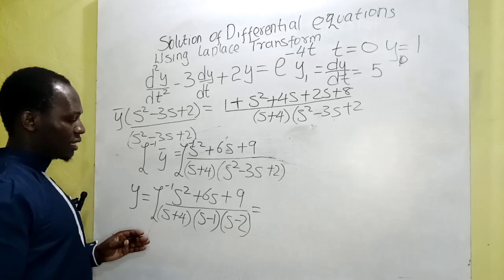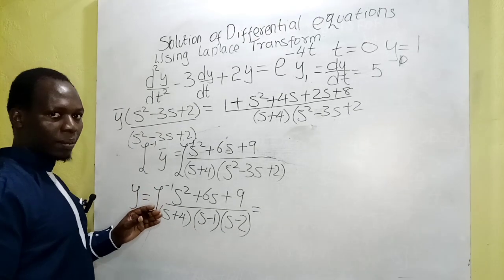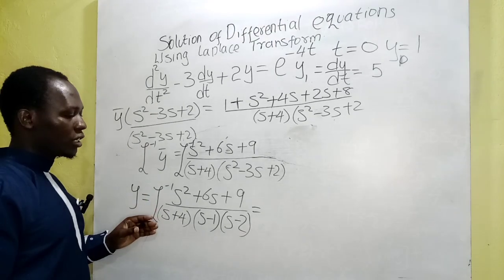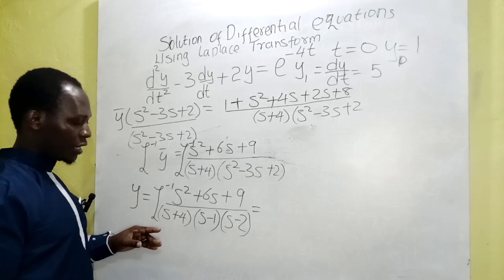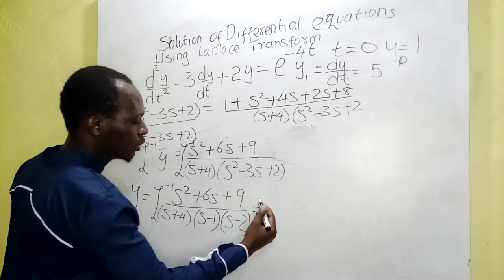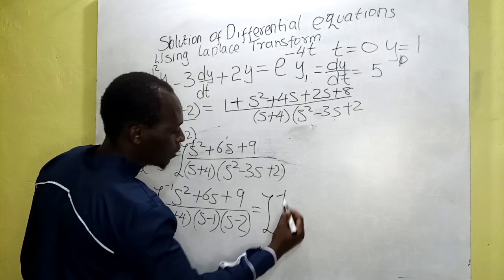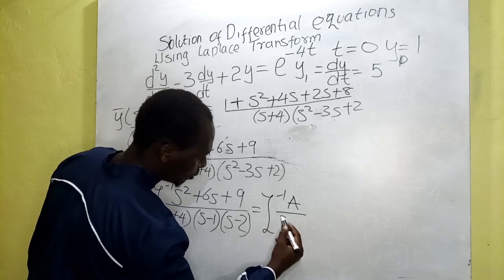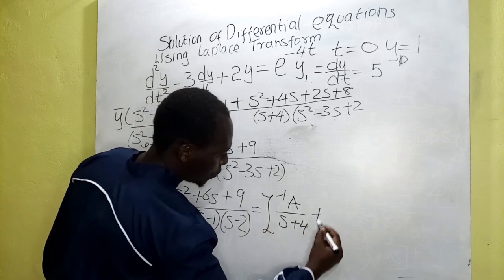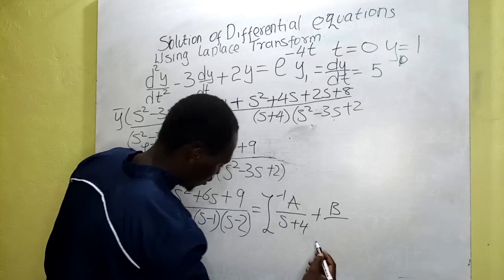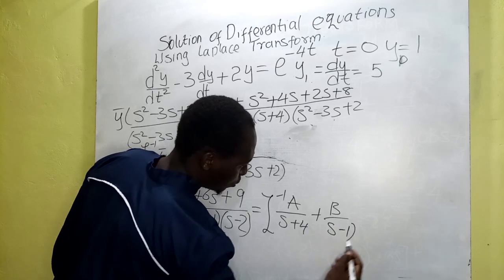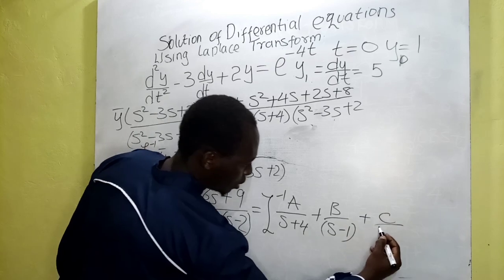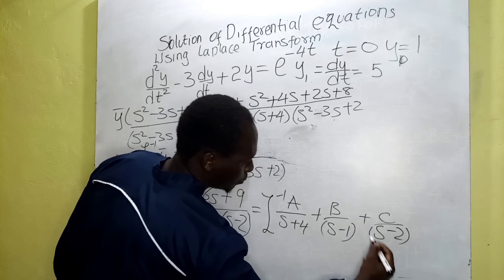We can say our inverse Laplace transform, we are going to solve it now using partial fractions, whereby our partial fractions will be the inverse Laplace transform of a all over s plus 1, we add b all over s minus 1, we add c all over s minus 2.